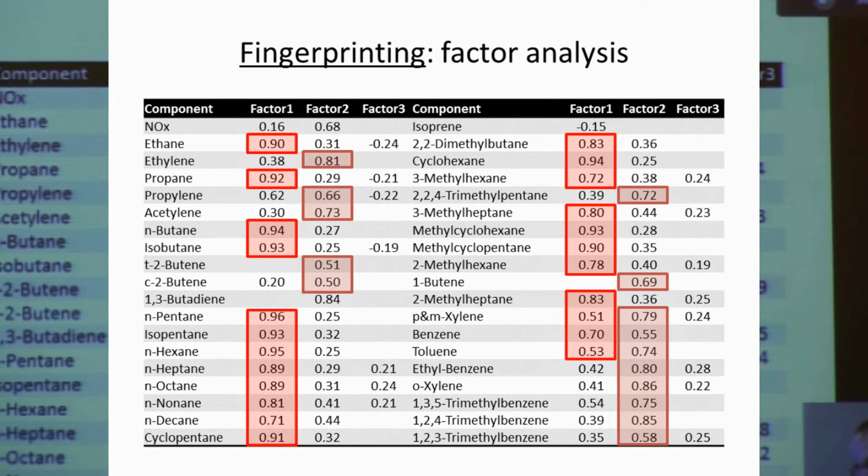Factor 3 has all values below 0.3 and typically accounts for less than 5% of variability in the data set, while factor 1 accounts for 50% variability and factor 2 accounts for 25% variability in this data set. We cannot identify a single third factor that explains more than 5% of the data.